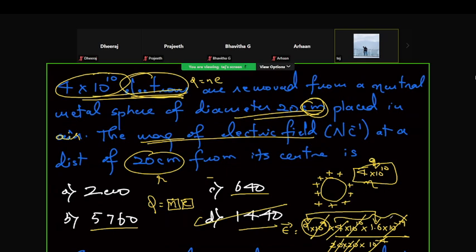That's all. One thing to remember here is that wherever electrons are being removed, that is not your direct answer for charge.